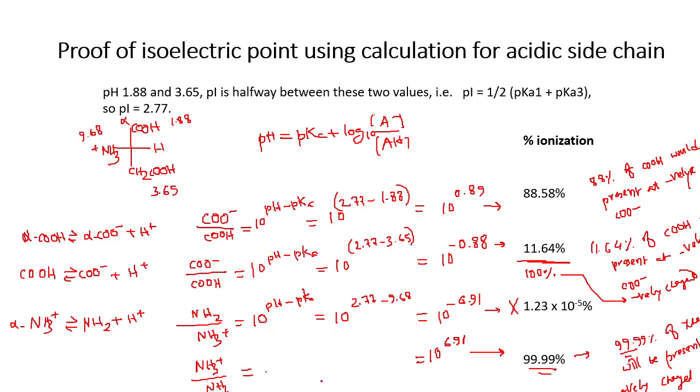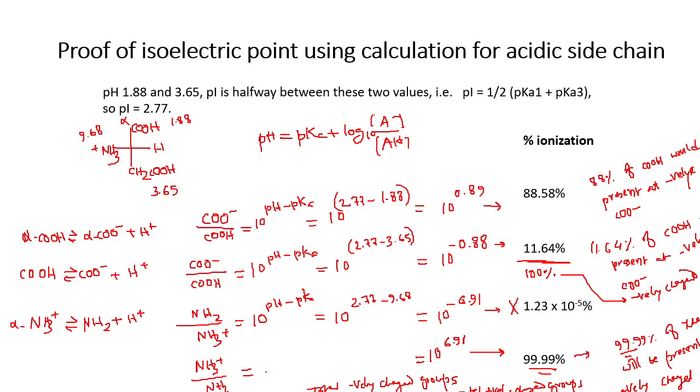Meaning the total negatively charged groups would be the same as total positively charged groups, meaning the solution would be neutral.